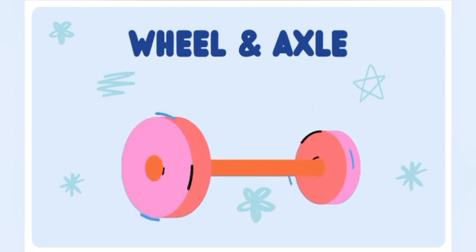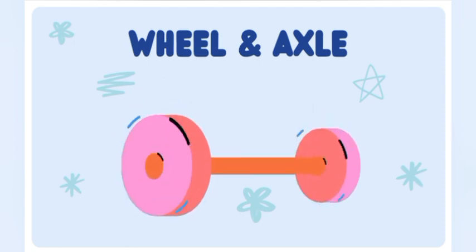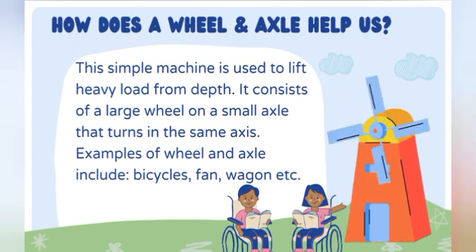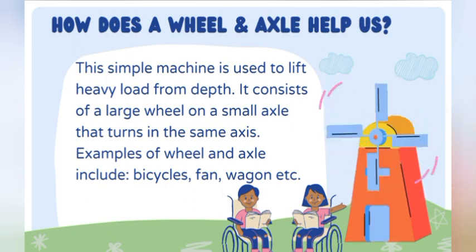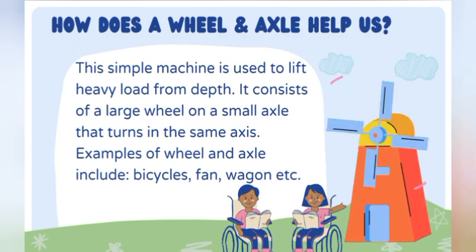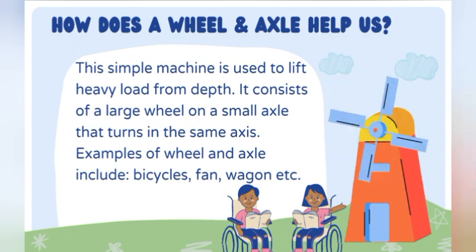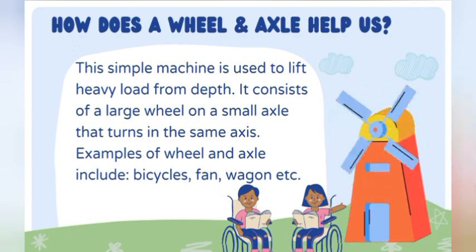Secondly, we're looking at the wheel and axle. This wheel and axle is a simple machine that is used to lift heavy load from depths. It consists of a large wheel on a small axle that turns on the same axis.